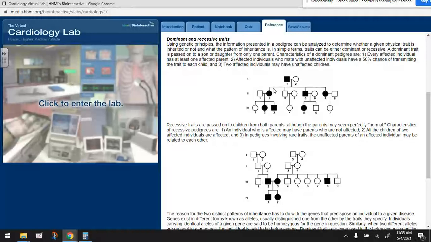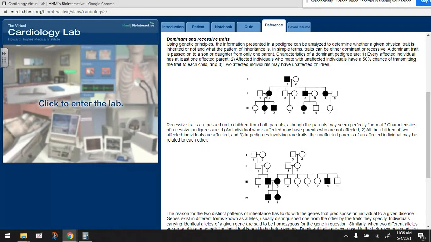If you take a look at the offspring, they had 4 children, and 3 out of the 4 children inherited this heart condition. So that looks like it's a dominant trait, right? The dominant allele probably causes this heart condition. So geneticists use this to make predictions about the next generation.